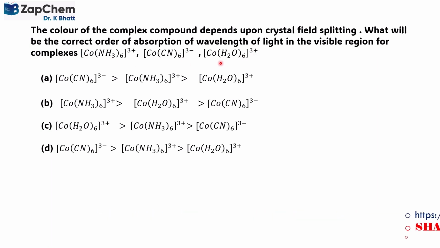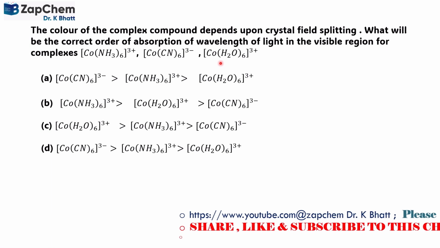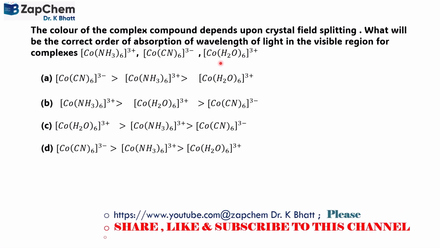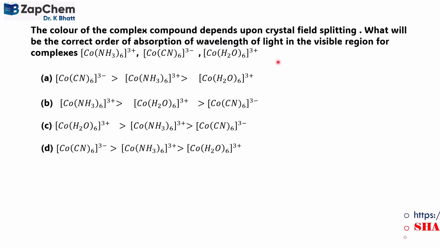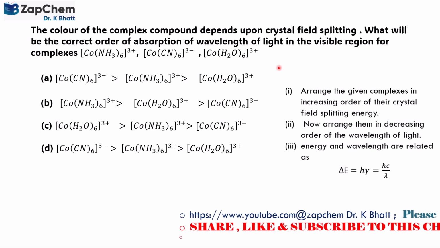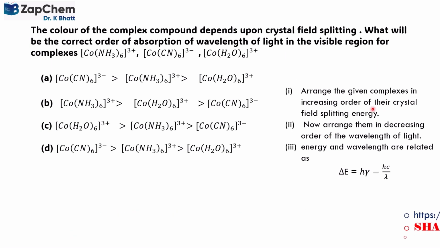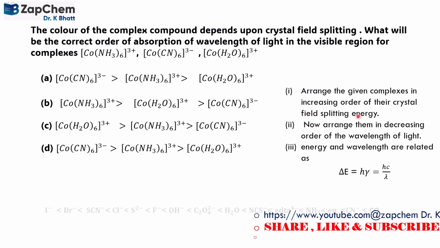Now these complexes will show different colors due to splitting of the energies, and the higher the energy, the more will be the splitting. Depending upon it, we have to arrange the given complexes in the increasing order of their crystal field energy.